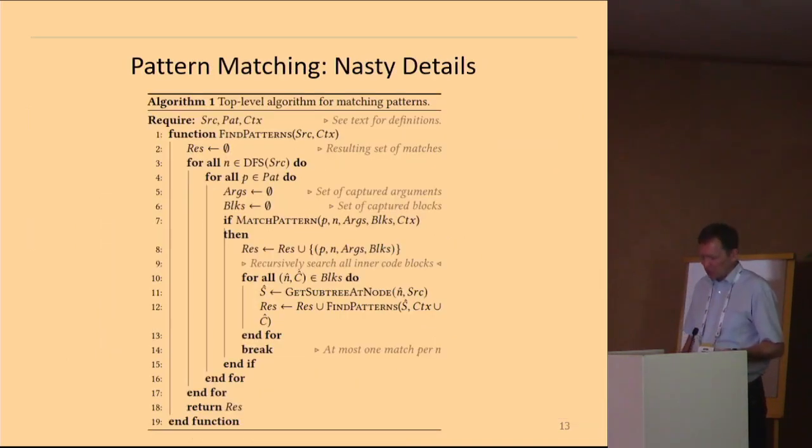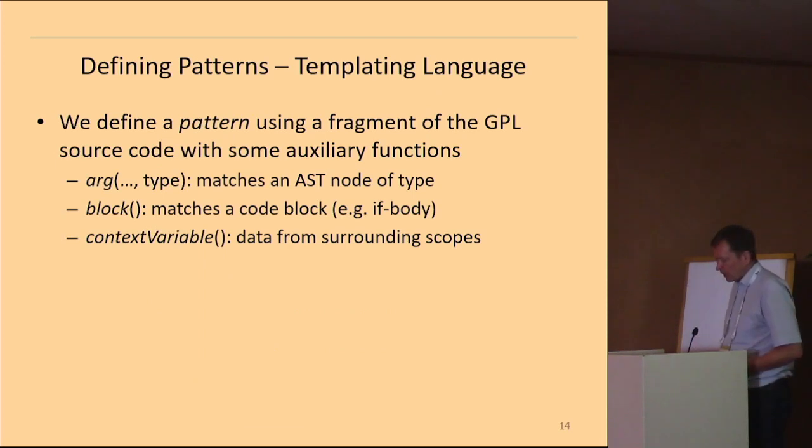Okay. So I will not get into the details of the pattern matching. Essentially, you can think about it as traversing the AST, and then you are trying to match the patterns and extract these parameters. An interesting thing maybe is how we define these patterns. To make it easy for a DSL developer, we are just taking a piece of code in the target language.